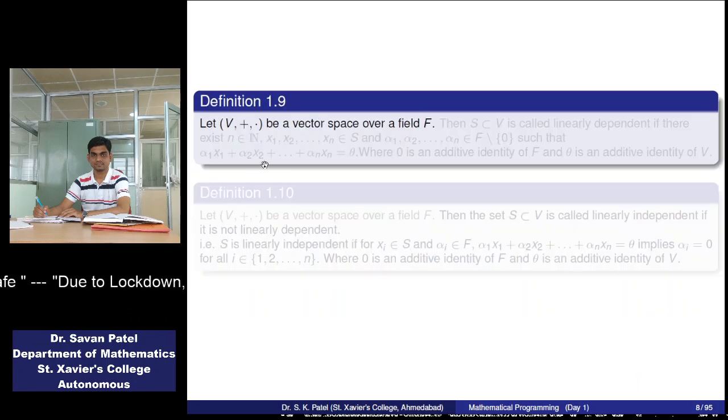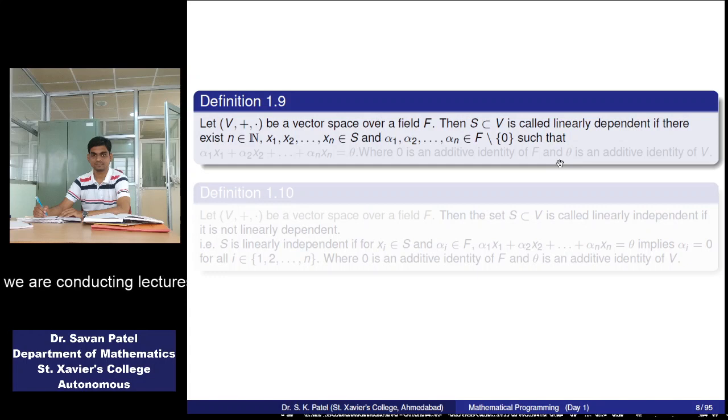Let V plus dot be a vector space over a field and S be a subset of V, then S is called linearly dependent if there exist finitely many elements in S and finitely many non-zero scalars in F such that its linear combination, we know that this is called a linear combination, alpha 1 x1 plus alpha 2 x2 plus alpha n xn is 0.